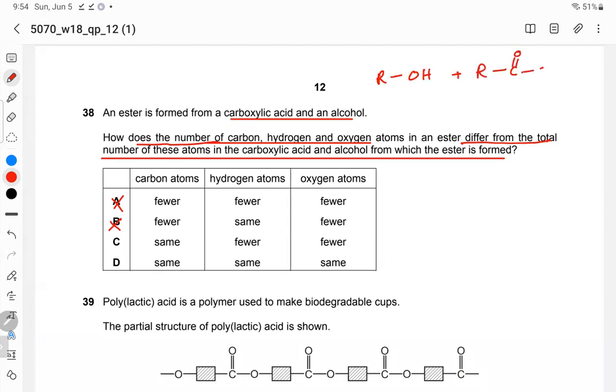H is removed from the alcohol and OH is removed from the carboxylic acid, and then we get this product. So the hydrogen atoms get fewer and the oxygen atoms get fewer too. So D goes wrong and C is the correct answer. जी ये clear है सबको? Along with that, a water molecule is formed. That's why it is called condensation.